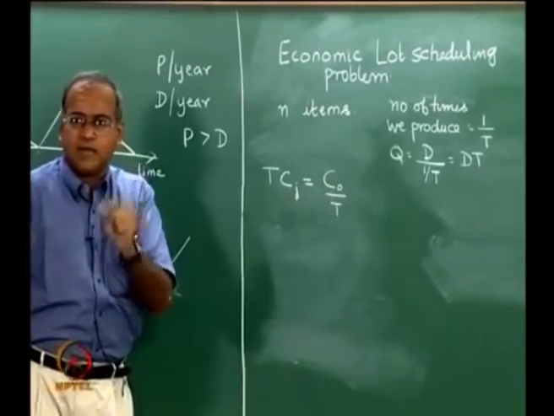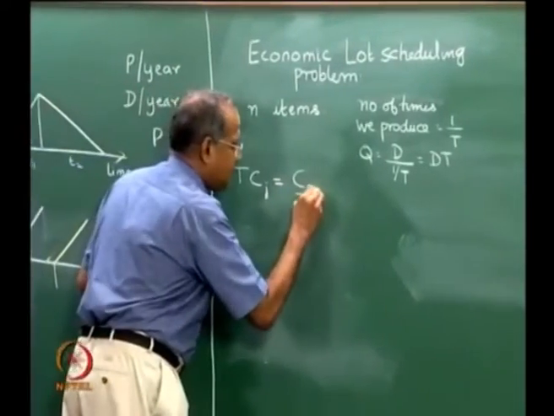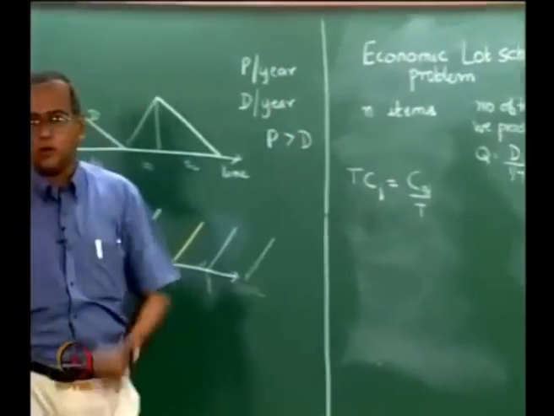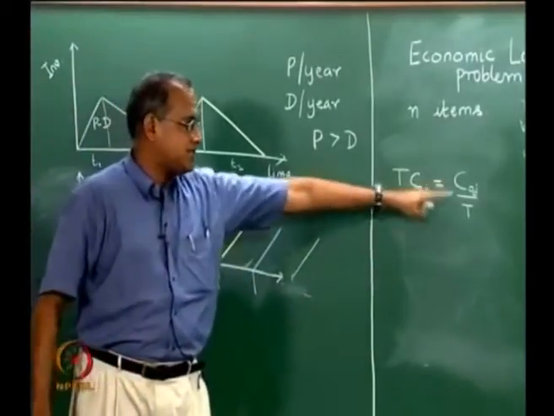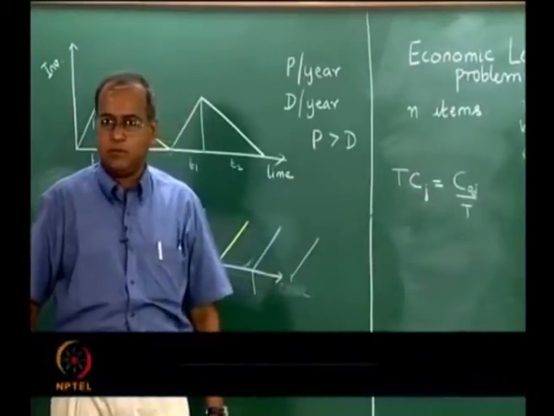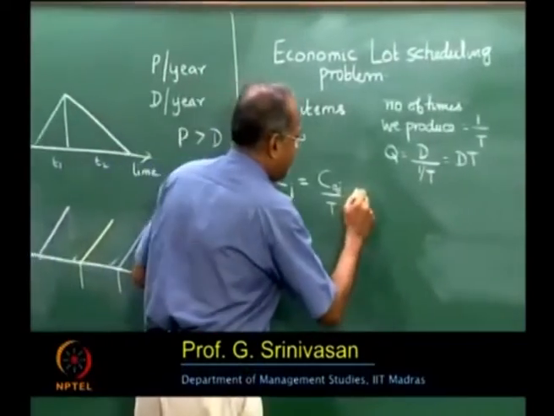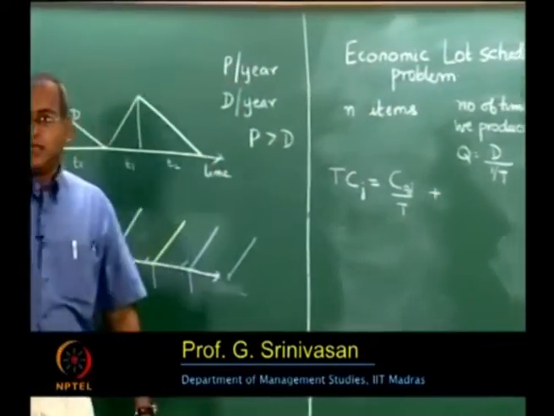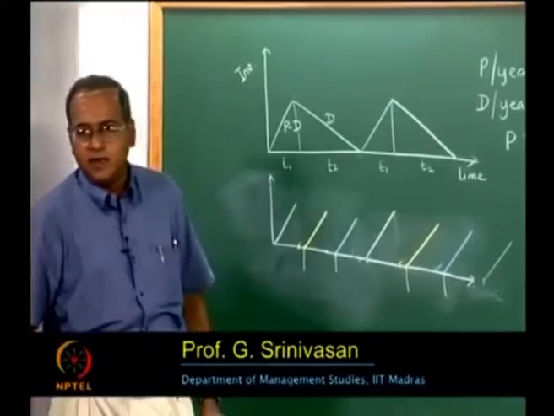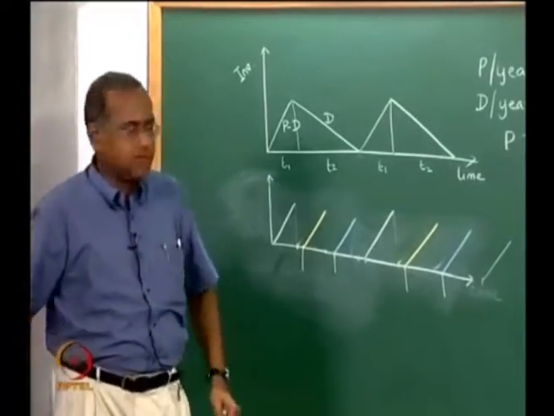If the jth item has C naught j, then this is the total setup cost for the jth item, C naught j by T. Now, what is the inventory holding cost? The inventory holding cost is the average inventory into CC.